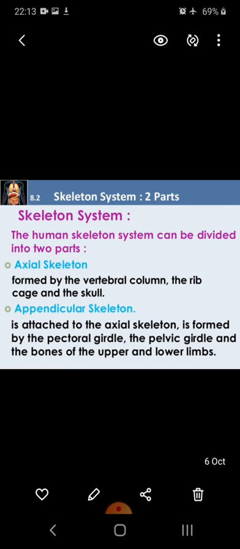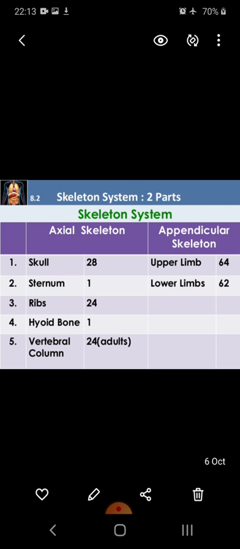The appendicular skeletal system is attached to the axial skeleton and is formed by the pectoral girdle, the pelvic girdle, and the bones of the upper and lower limbs. So this is the classification of bones. In the axial skeleton, we have 28 bones in the skull, 1 sternum, 24 ribs, 1 hyoid bone, and 24 vertebrae in an adult. In the appendicular skeleton, the upper limb has 64 and the lower limb 62 bones.